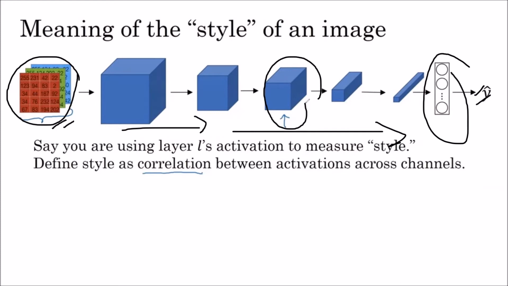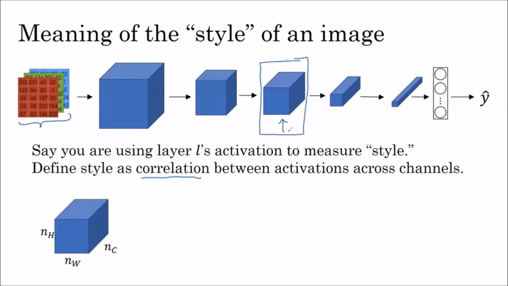What is actually style? Style is nothing but the correlation between activations of the different channels of this layer L. We will take one example. This layer L, we are representing as height NH, width NW, and number of channels NC.